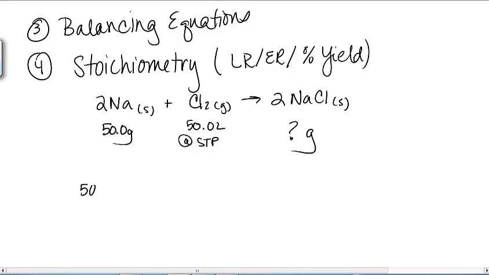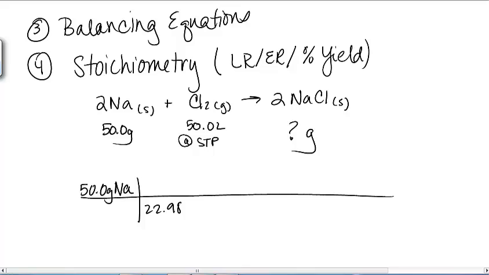So in the case of the 50 grams of sodium, we certainly can do that. I guess I'll set one up here. And so we can convert grams into moles of sodium. Then using our balanced equation, convert moles of sodium into moles of sodium chloride.